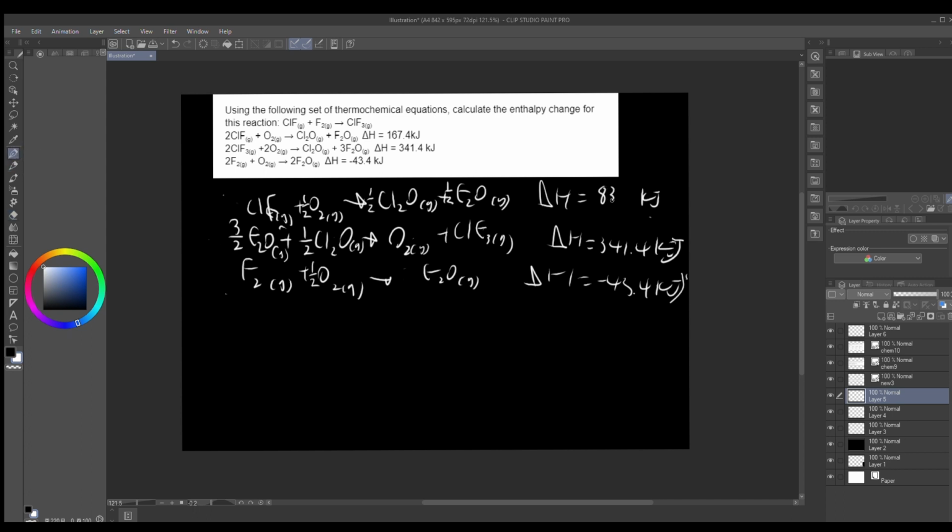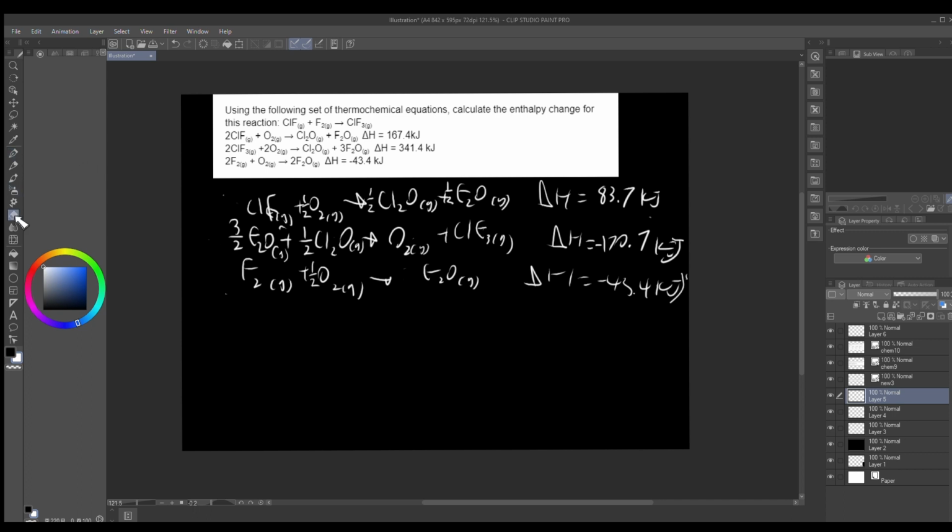So we rewrite this as 83.7. And then for the next one, since we multiply it by negative half, we also have to multiply the enthalpy change by negative half. So 341.4 times negative 0.5, and that will give you negative 170.7 kilojoules.